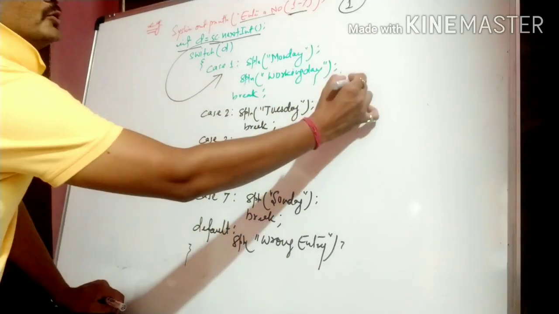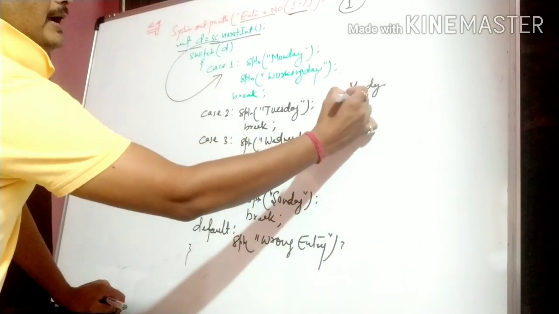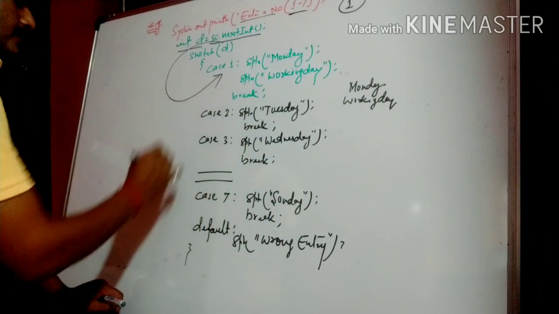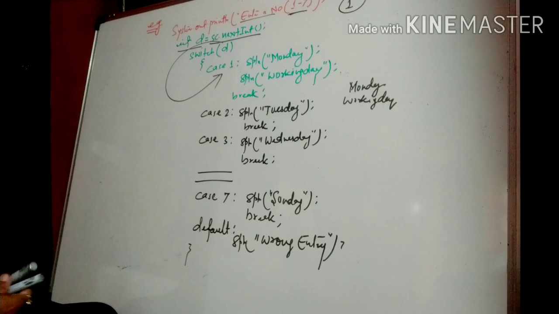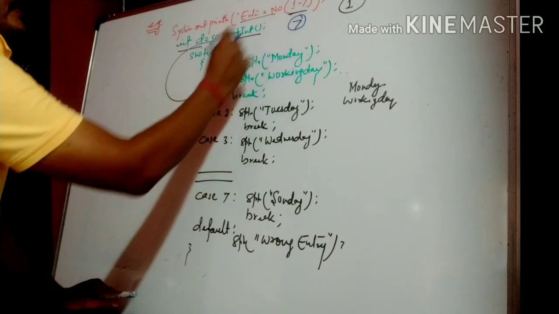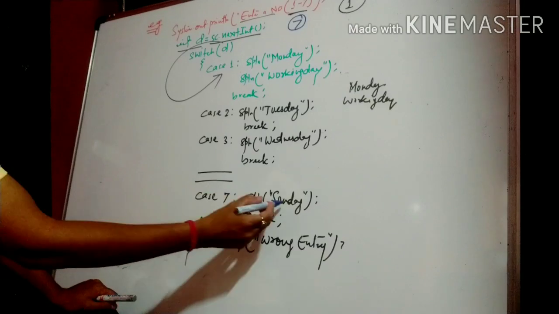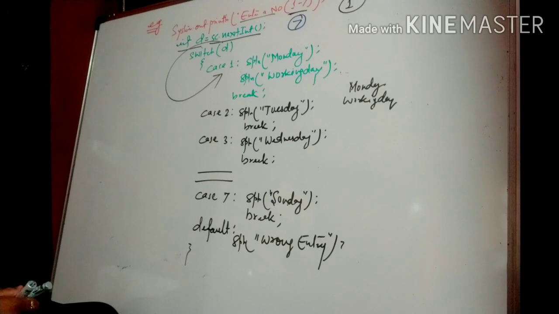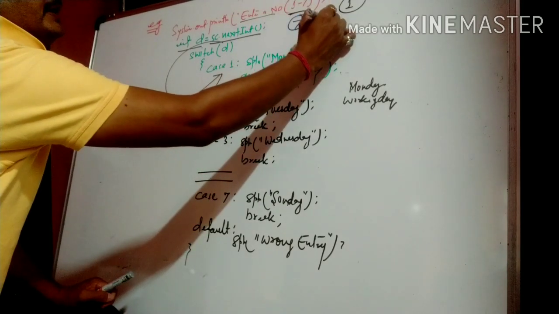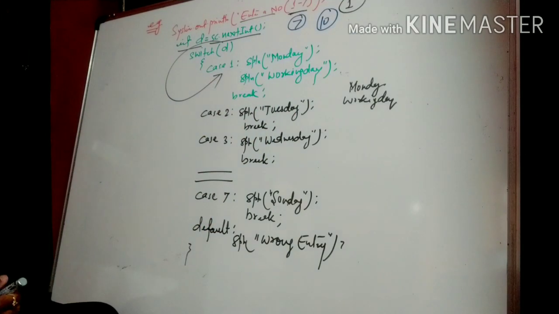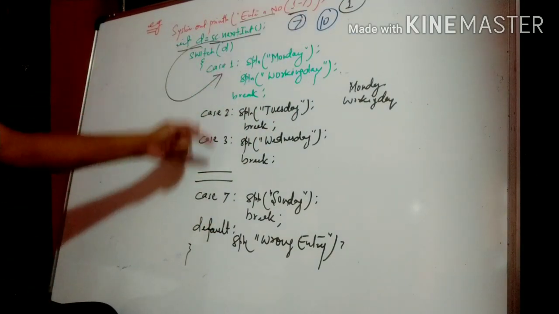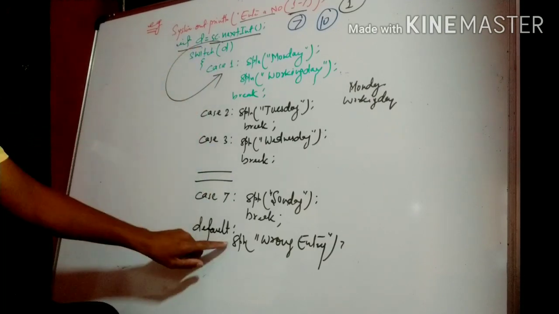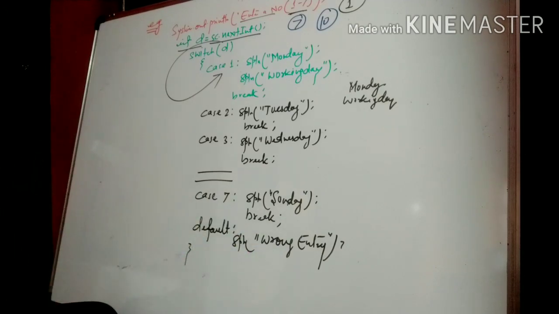So your output will be Monday as well as working day, and this break will exit from that part. If you input 7, it will go to case 7, print Sunday and break. Like that it will check all the days. Suppose somebody inputs 10, is case 10 present here? No, then it will go directly to the default part and display wrong entry.